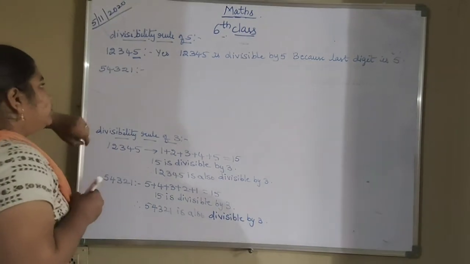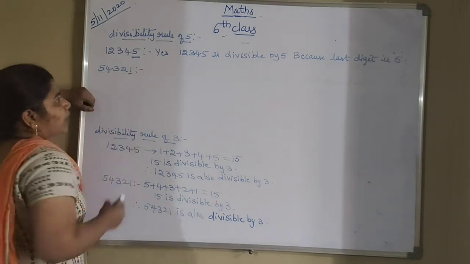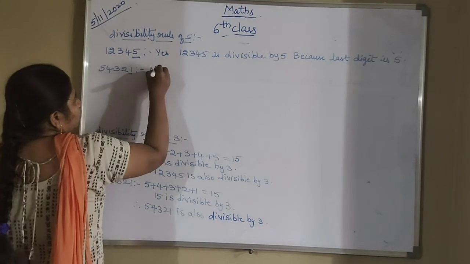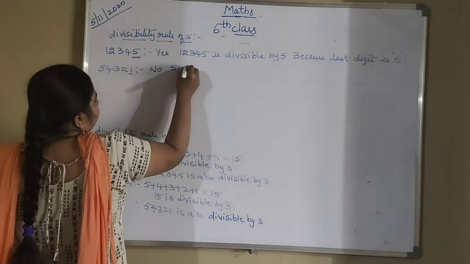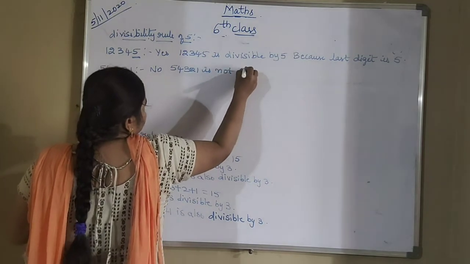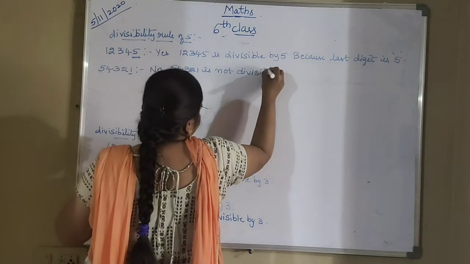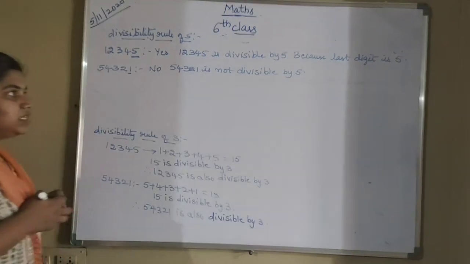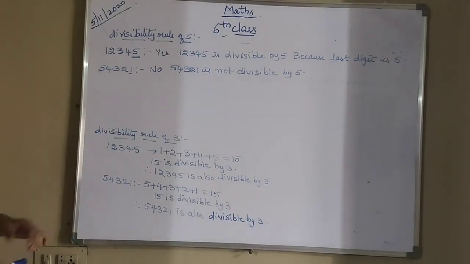Is it divisible or not? The last digit is 1 here, so it will not be divisible by 5. So no, 5, 4, 3, 2, 1 is not divisible by 5 because the last digit is not 5 or 0.